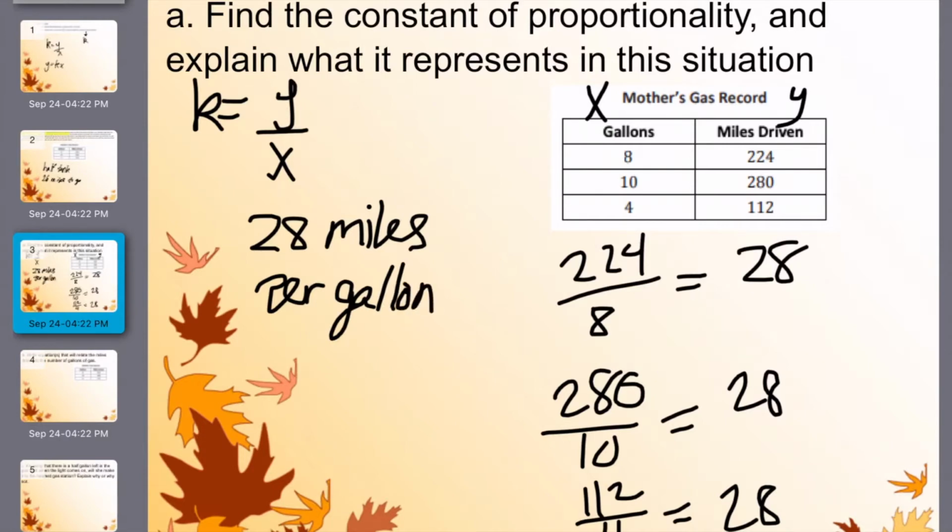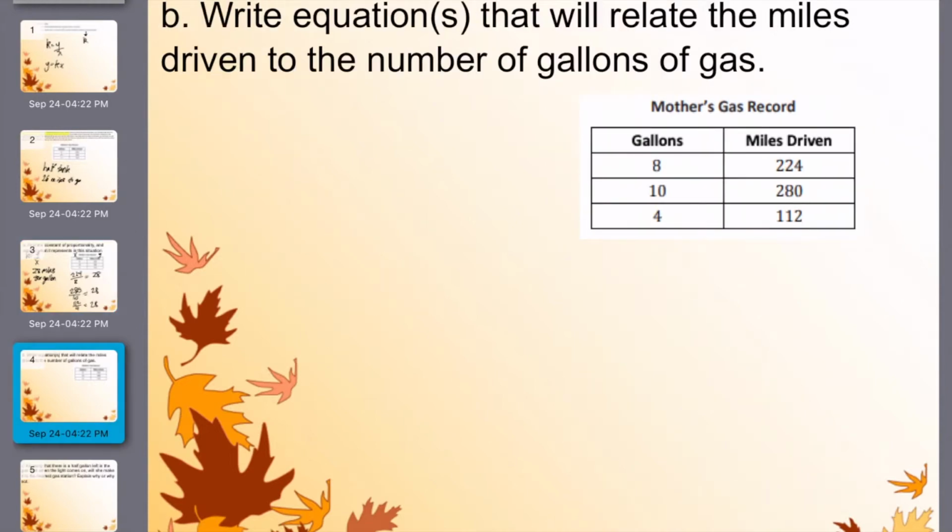Okay, so let's move on to the next question. Write an equation that will relate the miles driven to the number of gallons of gas. In this case, I remember that k equals y over x, but I can also write it as an equation where y equals my constant of proportionality, my unit rate, my rate of change, times x.